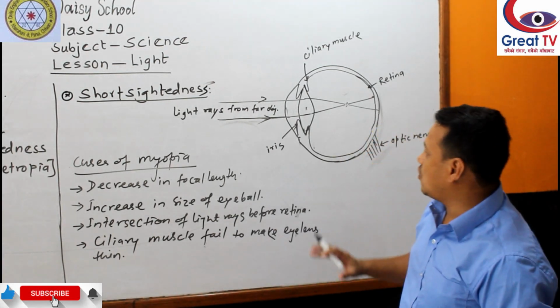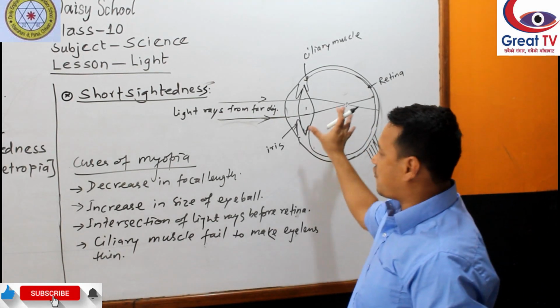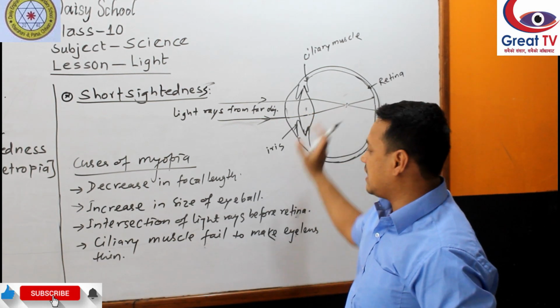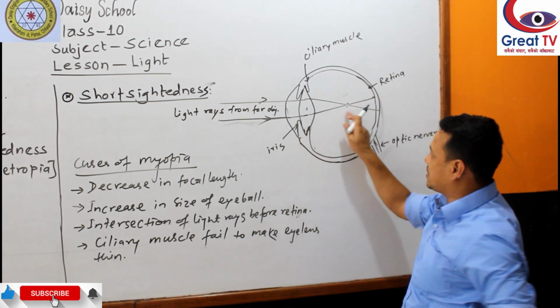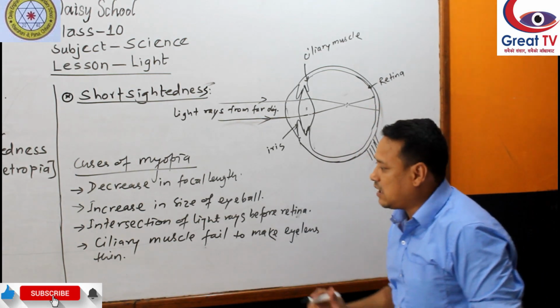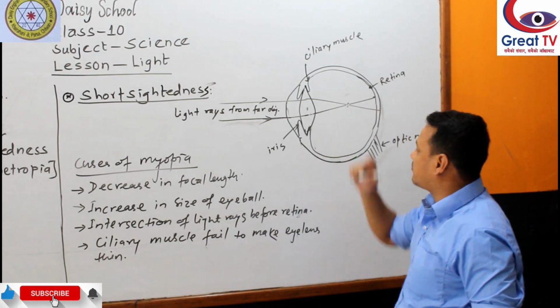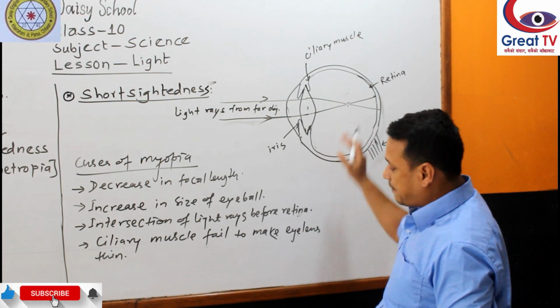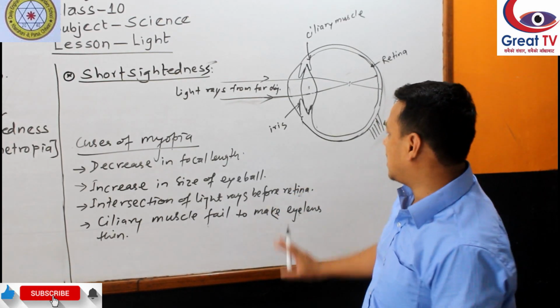Causes of short-sightedness: decrease in focal length, increase in size of the eyeball because of which the intersecting point is left inside the eyeball, intersection of the light rays before the retina, and malfunction of the ciliary muscle.